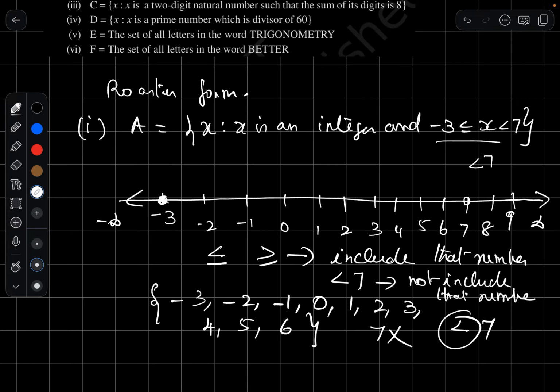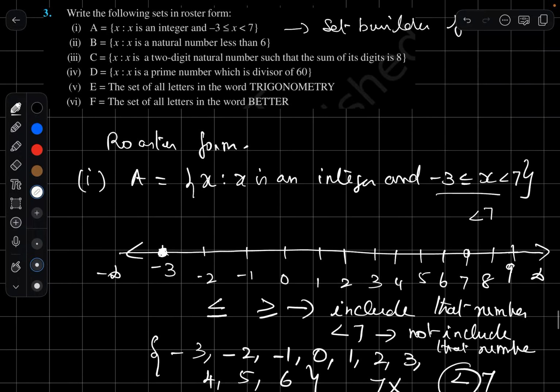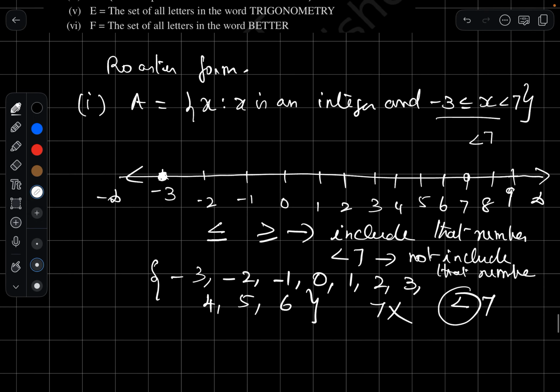All this you will cover later, but for now note down what you are going to do. Where it is less than or equal to, you put a shaded circle. When it is less than without the equal symbol, you put an open circle at the number specified in the given sum. So this is sum number 1.